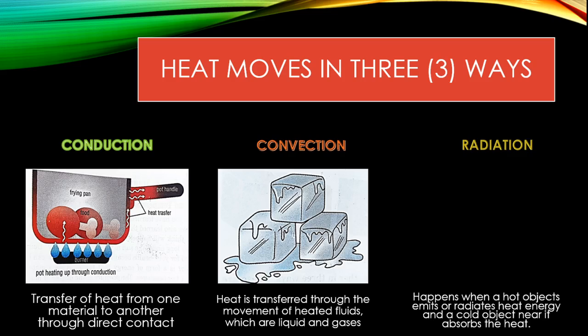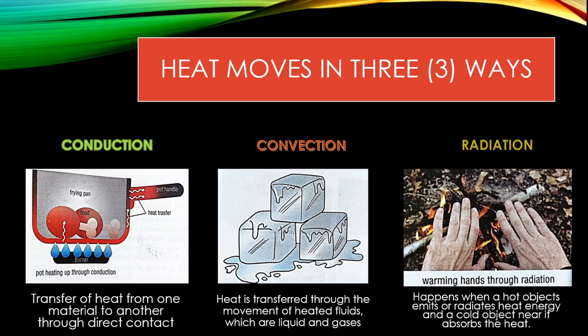Next we have radiation. Radiation happens when a hot object emits or radiates heat energy and a cold object near it absorbs the heat. For example, warming your hands through radiation. When you place your hands near a campfire, the heat from the fire is absorbed by your hands. You then feel your hands become warm.